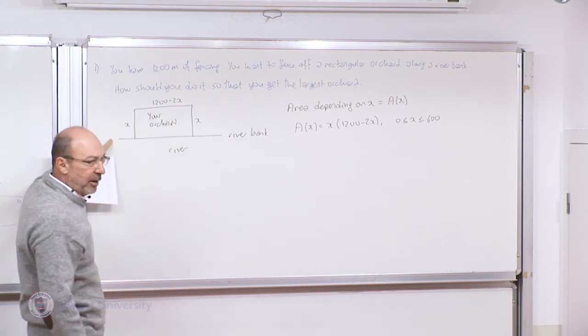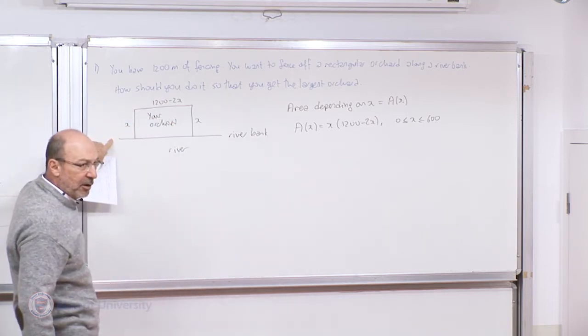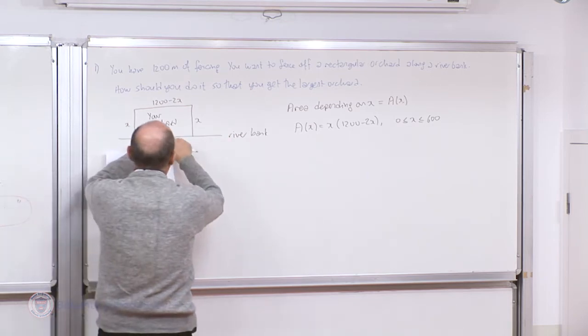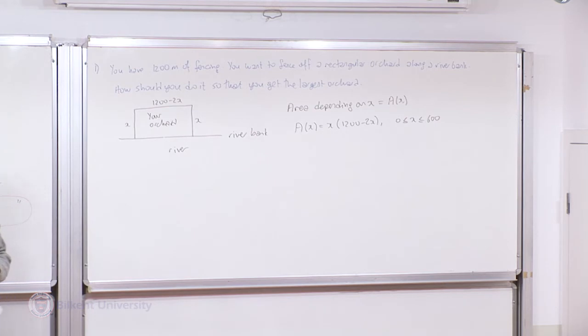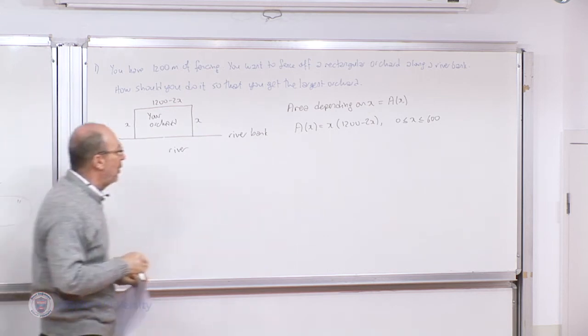So you cover that part of the bank, but you don't get any garden. And in the other case, you go back for 600 meters. Again, you don't get a garden, but at least the problem makes sense. If x is larger than 600, the function makes sense, but the function now does not address our problem.